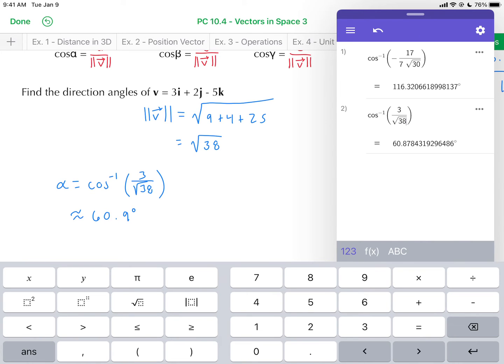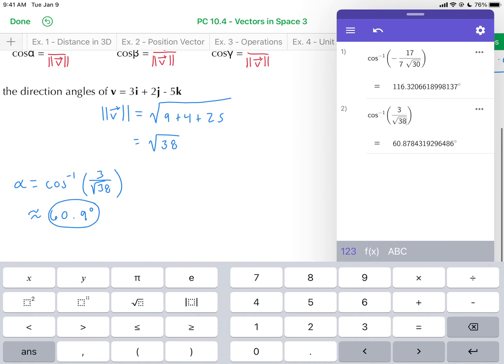So again, understand what that measurement represents. That is the angle between this vector v and the x-axis. Okay, now we get beta. That would equal inverse cosine of 2 divided by the square root of 38, where 2 is the scalar on j from vector v.